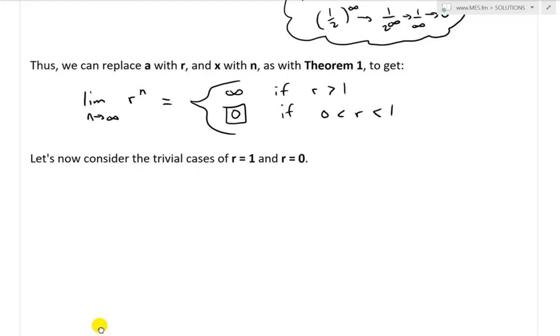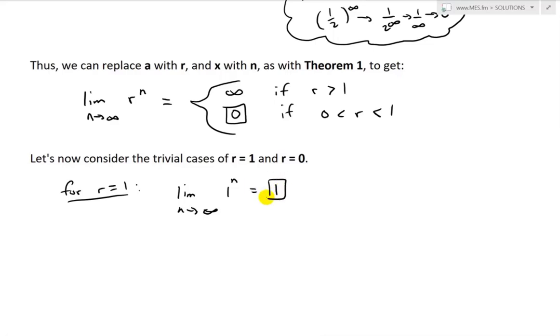And now let's consider the trivial cases, r equals 1 and r equals 0. For r equals 1, what we have is the limit as n approaches infinity of 1 to the n, that is just 1.